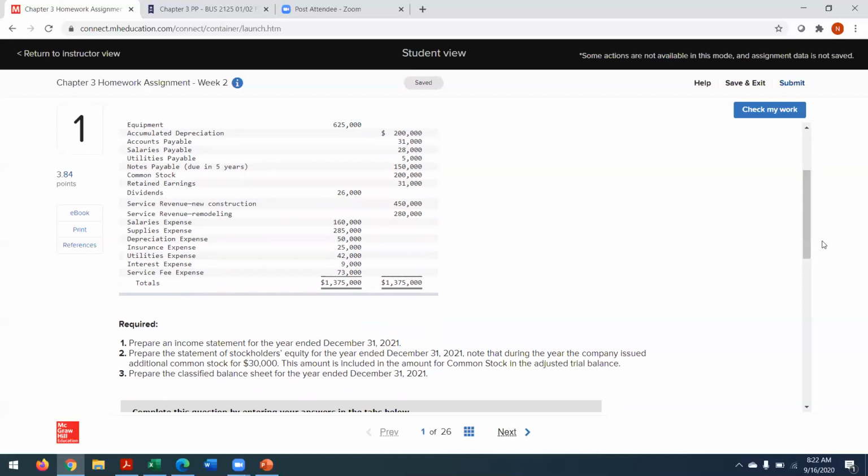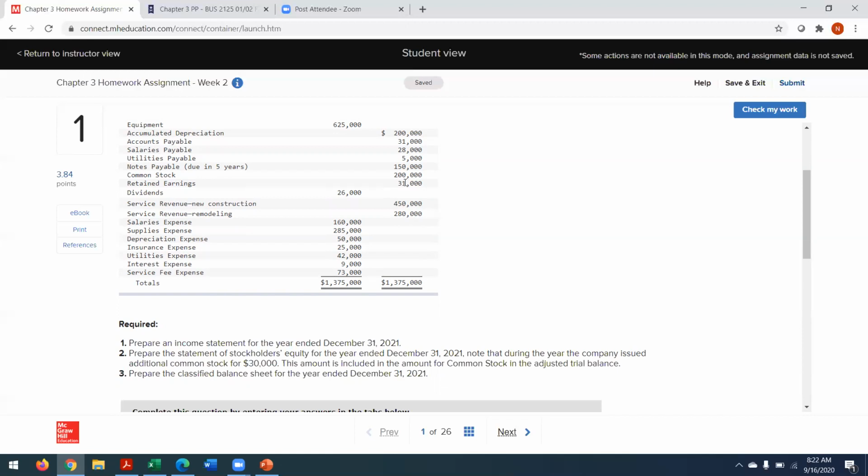It's letting us know the beginning balance: during the year the company issued additional common stock for $30,000. It's telling us this $30,000 is included in this $200,000 figure, which of course it would be because this includes all the transactions that happened during the period.